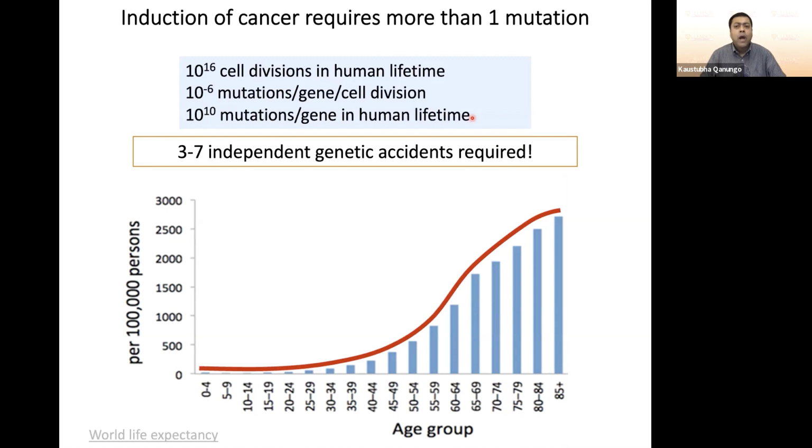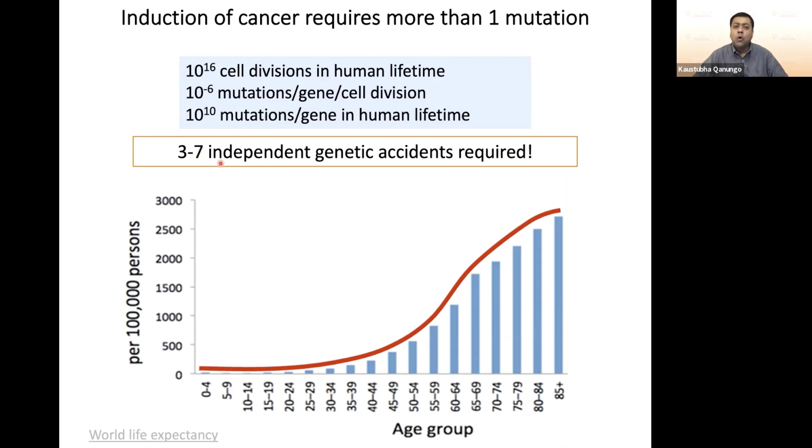So 1 in 5. But this number is really very, very high, and you cannot correlate it with the number of incidences. Why is it so? Because for cancer to happen, you have to have in the same cell, not in different cells, in the same cell, at least 3 mutations, and as many as 7 mutations need to happen.